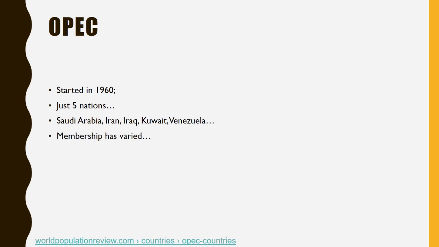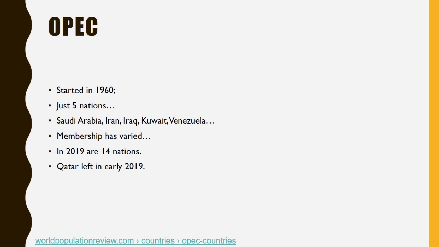Now, membership has varied. I've seen some lists that differ from what it is today, but when I looked it up today, and as I record this in 2019, there are 14 nations. Now, membership may change again. For example, Qatar just left in early 2019.